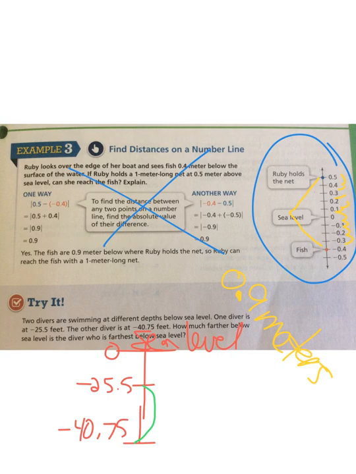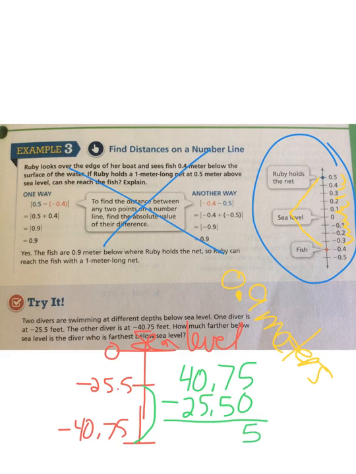So I would look at this as taking my furthest, the 40.75, and taking away the 25.5, and we know we can add a 0.